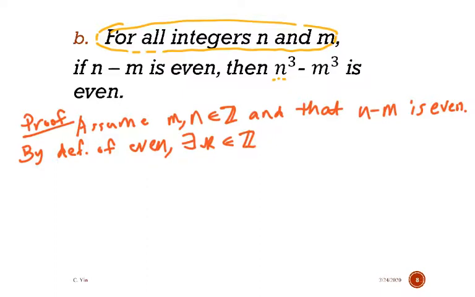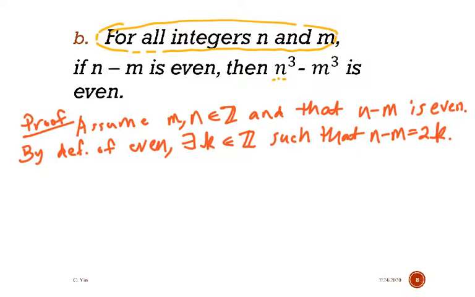It wouldn't hurt if you used a subscript here, but I don't have anything else to do with another integer, so I can just get by with k. So by definition of even, there exists a k in the set of integers such that n minus m is equal to 2k.